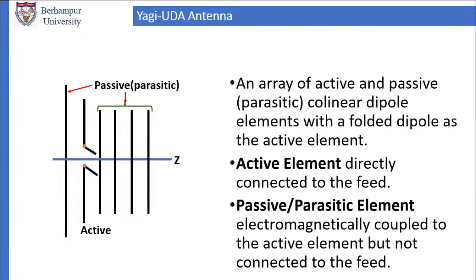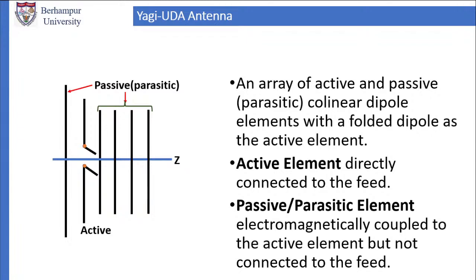Other elements to which we do not feed directly, to which power is not fed directly from a source, are called passive elements. The Yagi-Uda antenna contains both passive or parasitic elements as well as the active element. The active element is a folded dipole. These elements are arranged collinearly, which means they are on the same axis. You can see in the figure, the elements are along the z-axis. The center point of each element is on the z-axis. Therefore, they are collinear dipole elements.